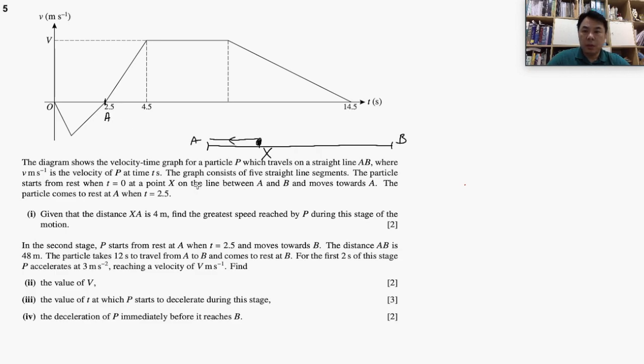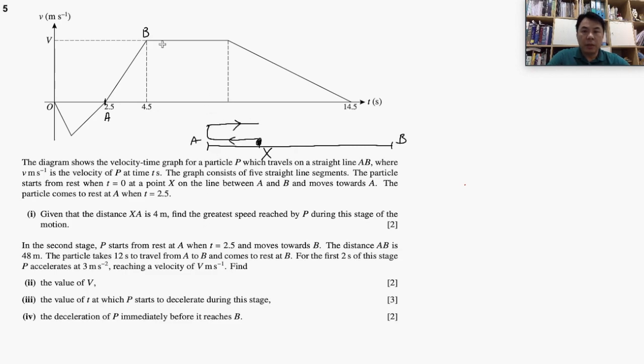Okay. And then it's quite obvious that there's a change in direction, from here to here. Let's label this as AB here. There's a change in direction, and then it will move in this direction.